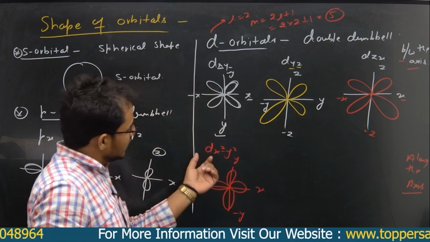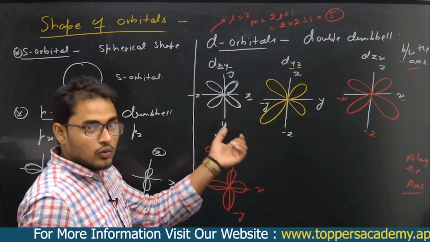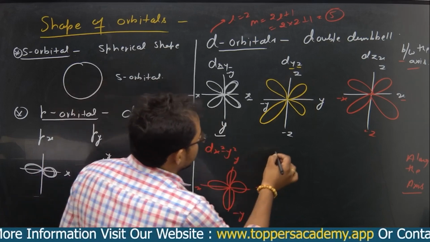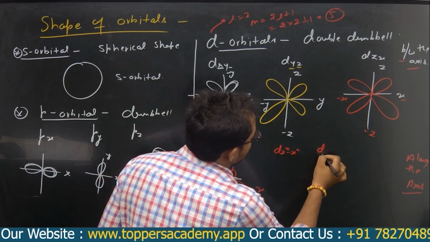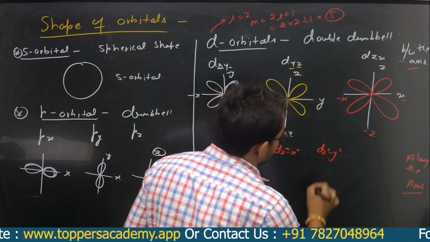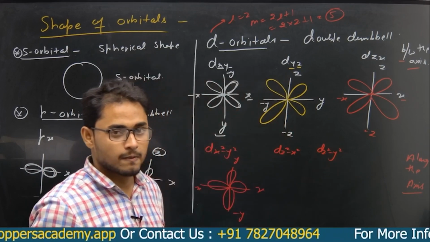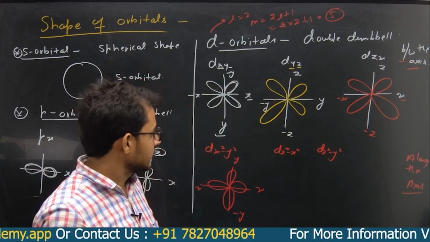As we have written dx square minus y square, we have to write dz square minus x square and dz square minus y square also, right?